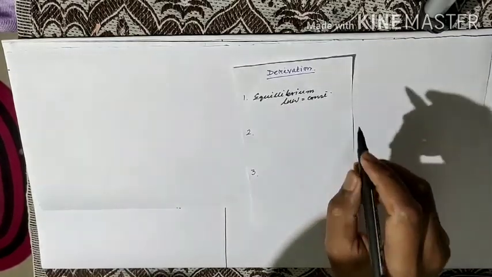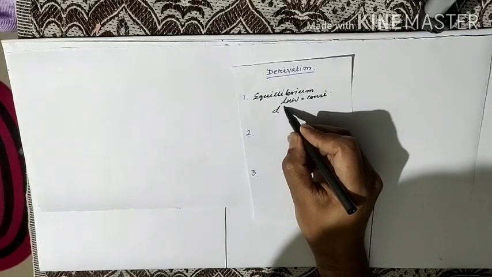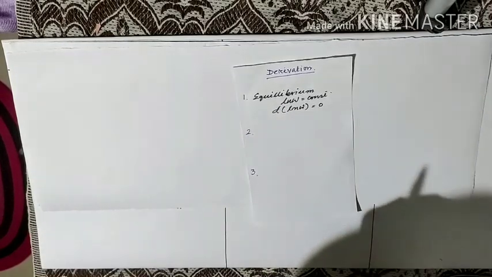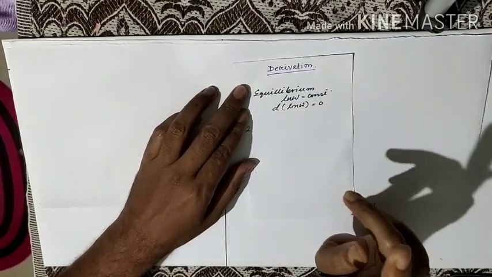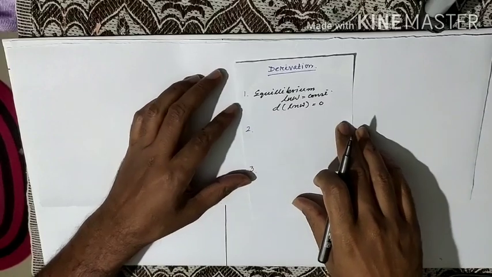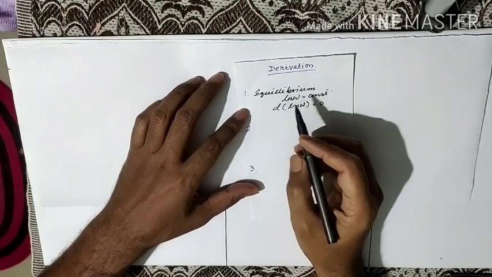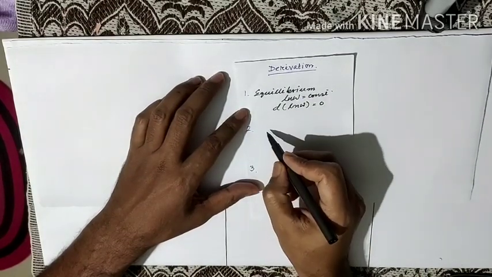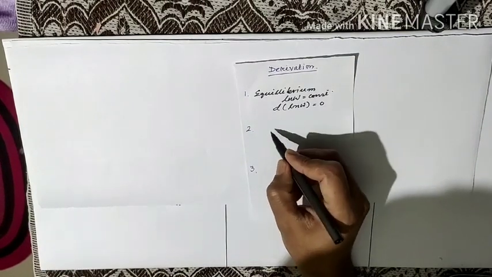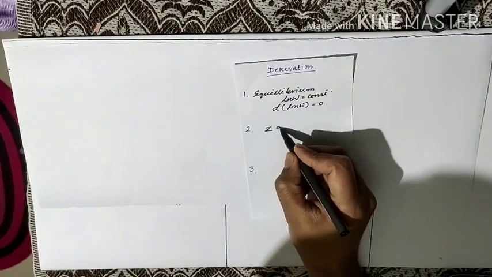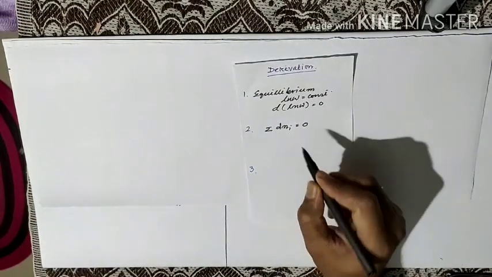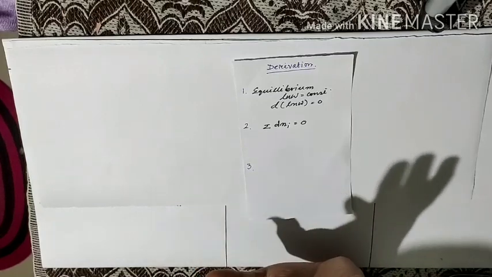I will consider it in log, and if it is constant, then its differentiation will be 0. This point is common for Maxwell-Boltzmann statistics, Bose-Einstein statistics, as well as Fermi-Dirac statistics. The second point, I will consider that the total number of particles in the system remains constant, so the differentiation of that quantity is also 0.